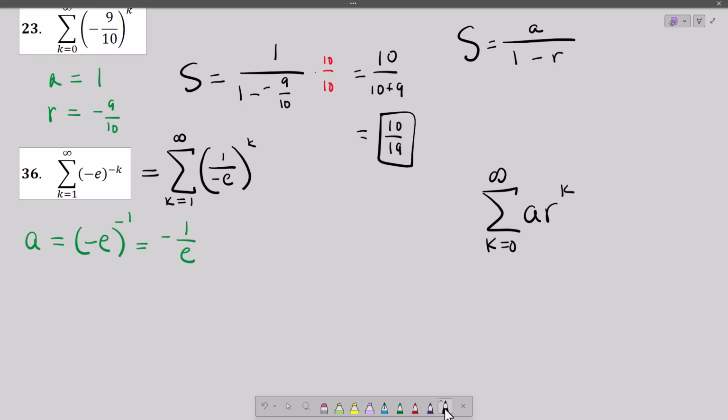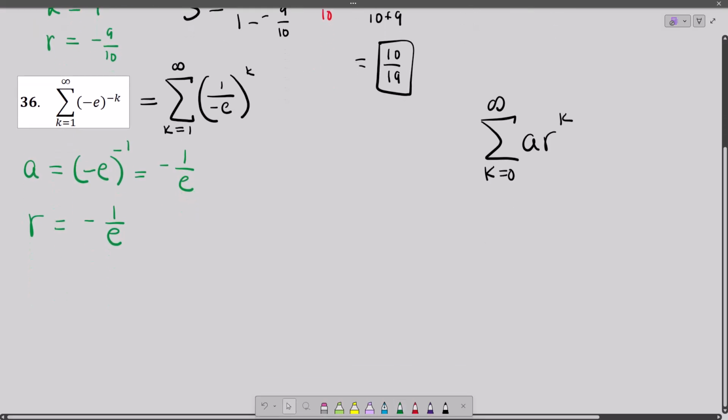So you can remember the power to power multiply thing. If you have power to power, they multiply. So if you wanted to pull a coefficient off, you could pull off that coefficient of negative 1. So that said, R is equal to negative 1 over e, correct? It's equal to the same thing as A.